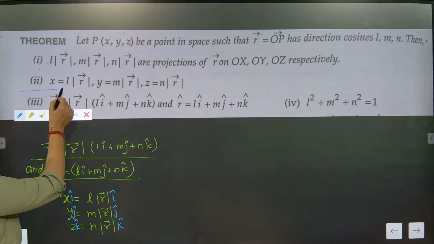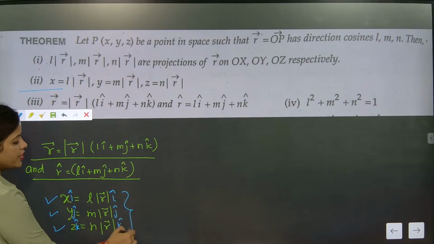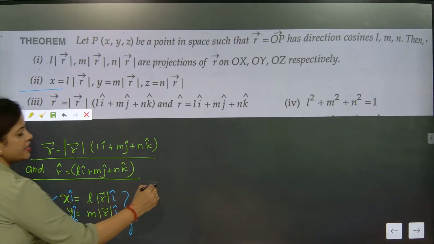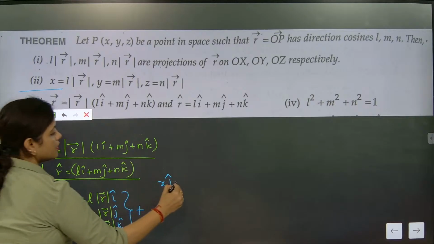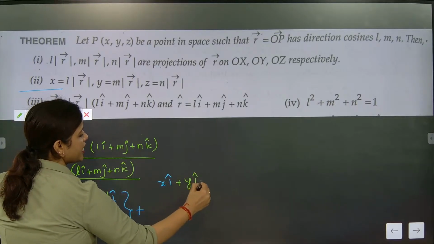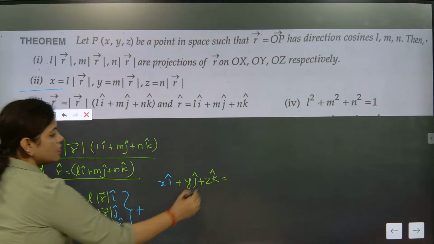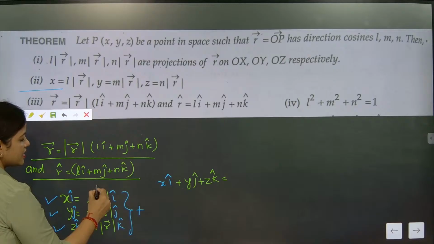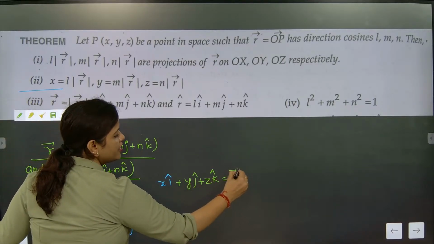In the second theorem, we multiplied i, j and k. Now we are going to add them. When we add, we get xi cap plus yj cap plus zk cap is equal to li cap plus mj cap plus nk cap. R is the magnitude, so we take out the magnitude times the r unit vector.